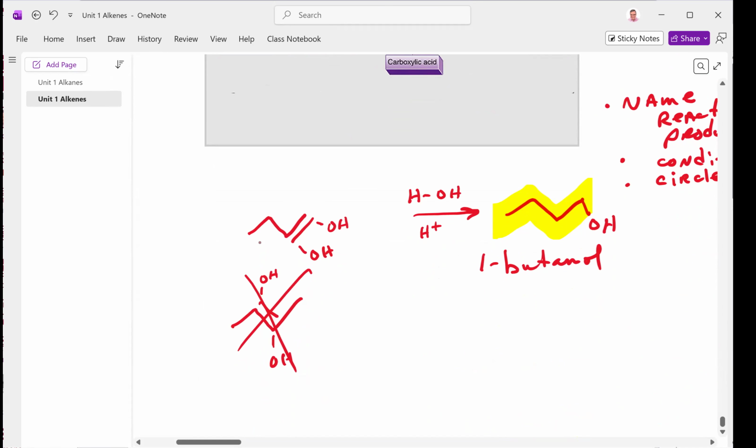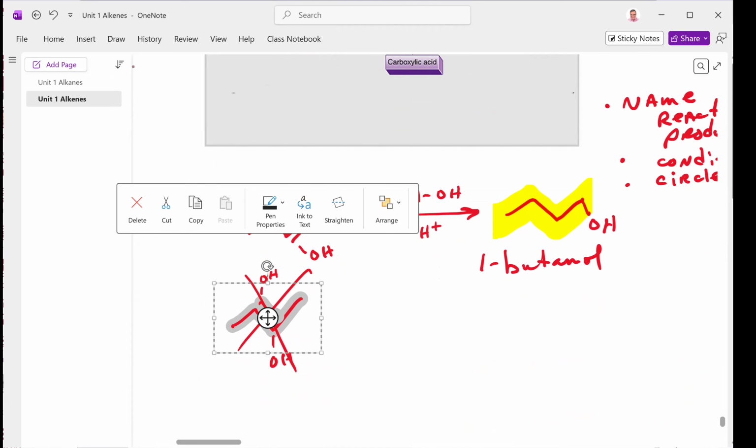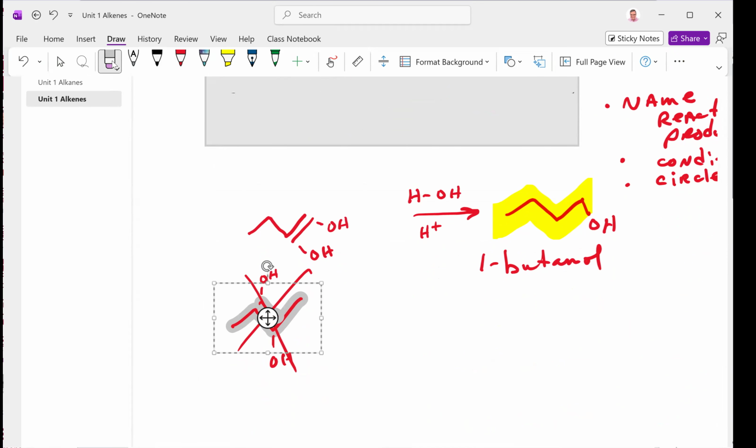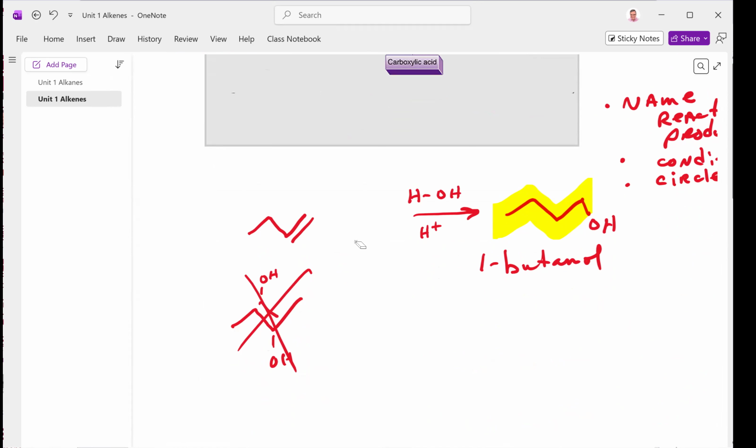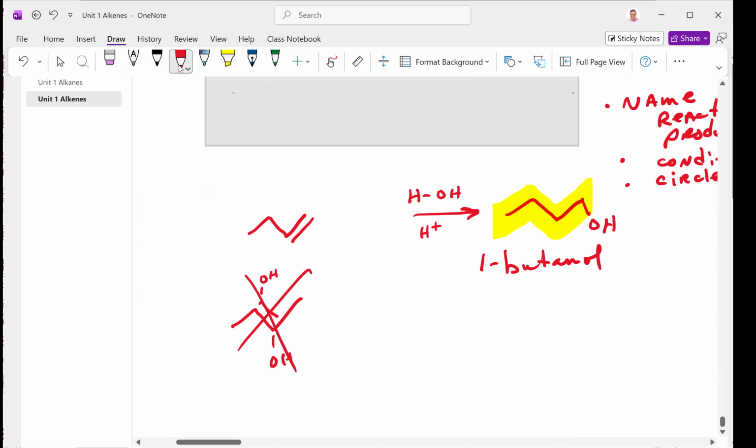So if we start with this now, the OH is going to add 50% of the time one way, 50% of the time the opposite way. So one of the times it's going to be this.